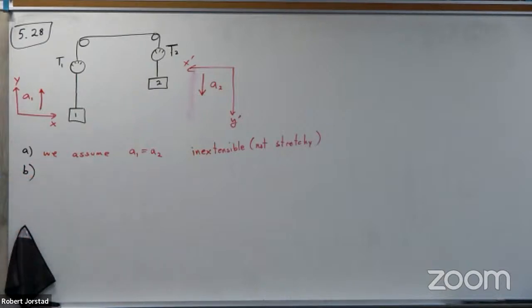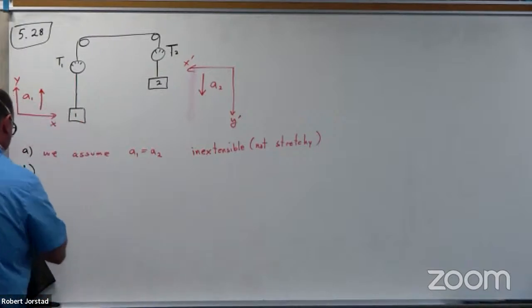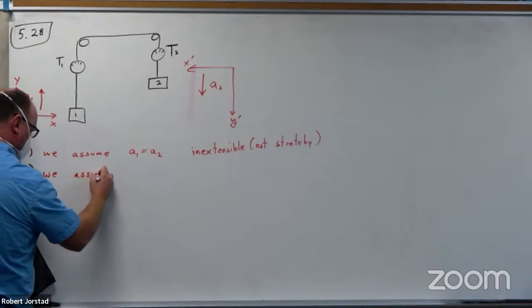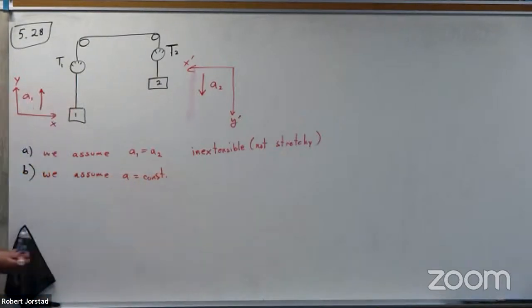B. What's part B? We assume A is constant. We're assuming the acceleration is constant. What aspect of this problem allows us to know that the acceleration should be constant? Release from rest. Nope, not release from rest.